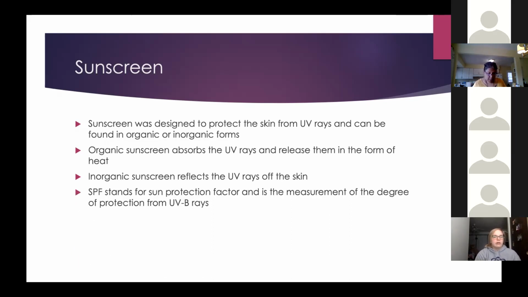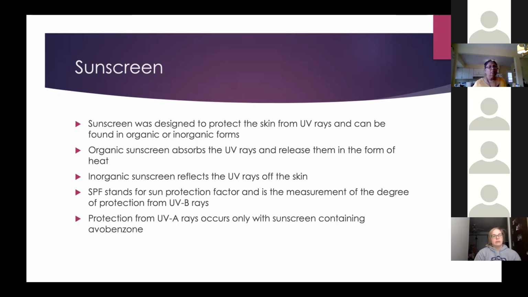And then if you have ever analyzed your sunscreen or even used sunscreen, you should have heard of SPF, which stands for sun protection factor. And it's the measurement of protection from the UVB rays. But SPF does not account for your protection from your UVA rays unless your sunscreen contains avobenzone.